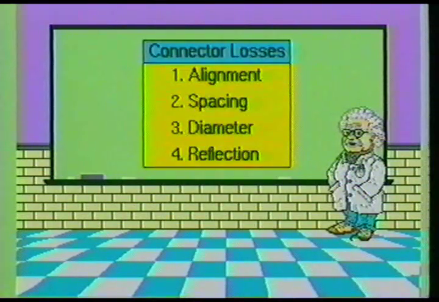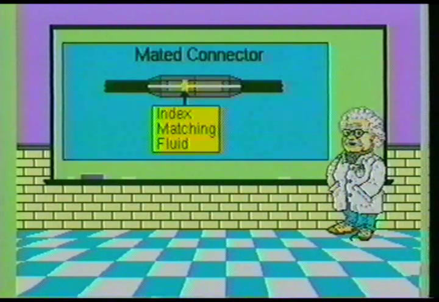The four primary factors which affect the losses encountered in fiber optic connectors are alignment of the fiber core, spacing between the fiber ends, the diameter of the fiber cores, and the reflection of the ends of the fibers. Index matching fluids are commonly used to reduce losses encountered in spacing, alignment, and reflection.